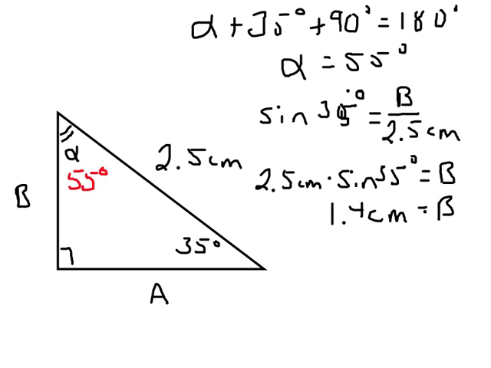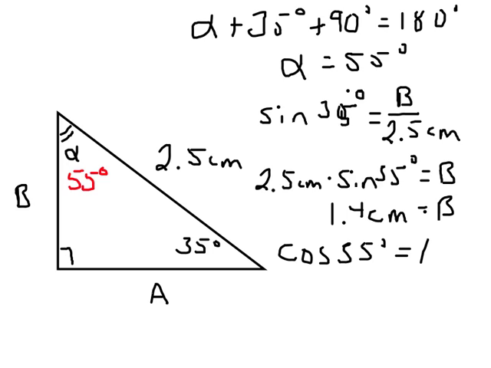Alright, so now we can go after side A. We've got two angles to choose from. I can use sine or I can use cosine. I've already used sine, so how would I use cosine? CAH, it's an adjacent side that I want to use with cosine, so I'm going to use this 35-degree angle again. So this time I've got the cosine of 35 degrees.